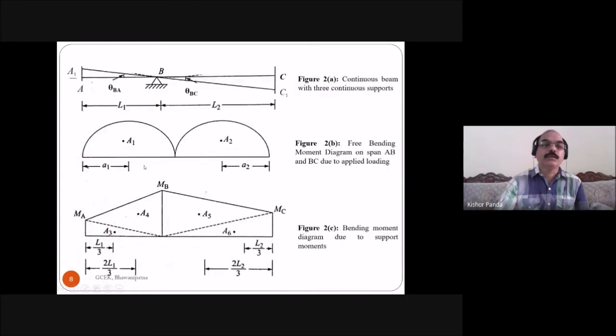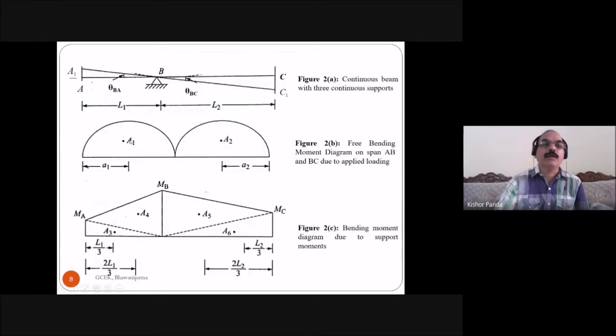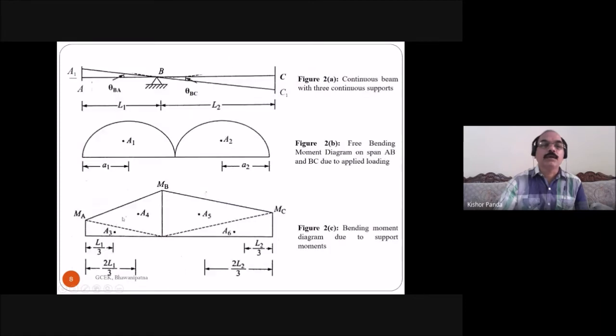Here you see that theta BA you will find as 1 by EI and the moment of the M by EI diagram. This is A1, the area of this bending moment diagram is your A1, and the moment of this area is A1 a1 plus, here you are taking two triangles, A3 and A4.